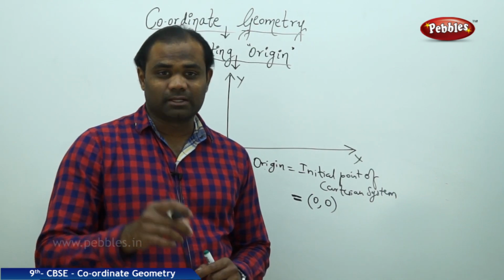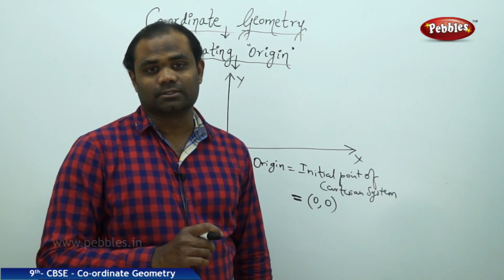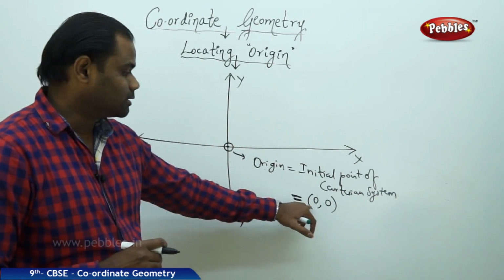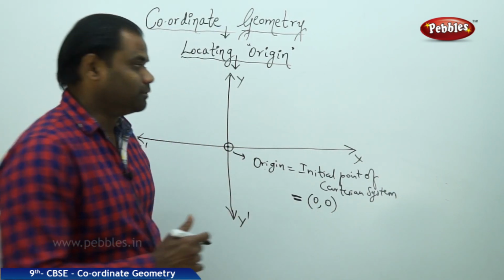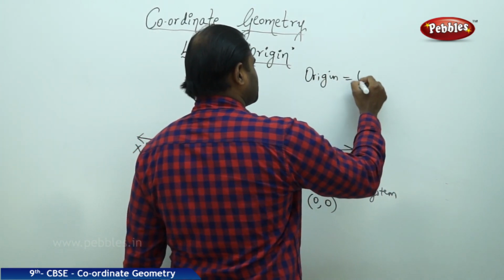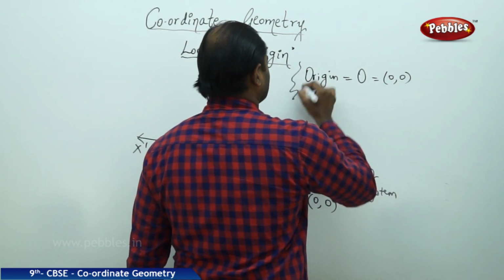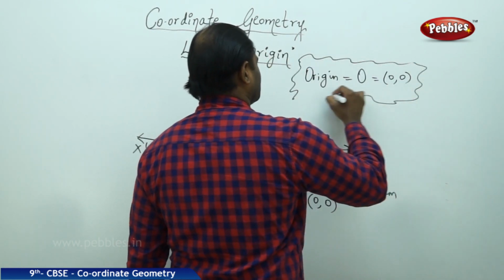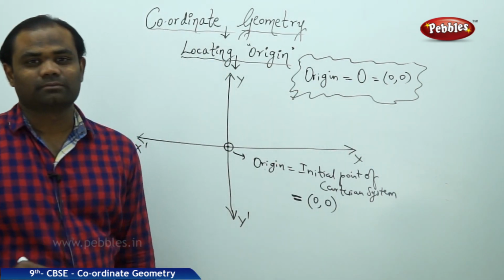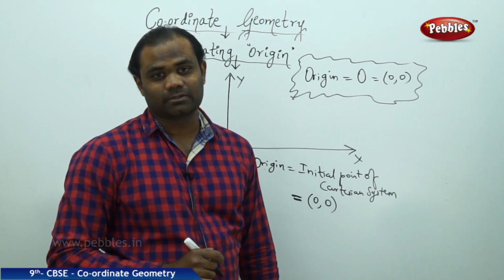Origin in mathematics is the root cause, the initial point in the Cartesian system, and its coordinates are 0, 0. We denote the origin by capital O and its coordinates being 0, 0 is how we define the origin in mathematics.